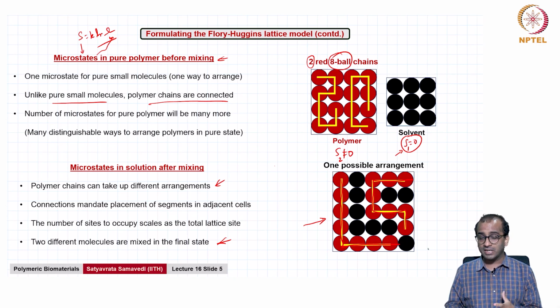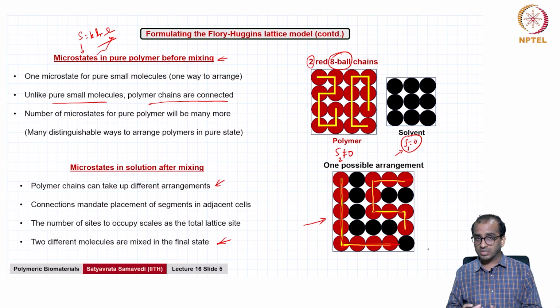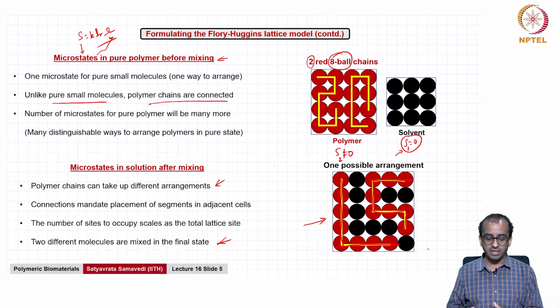Now, if you have many chains and many more solvent molecules, which is typically the case here, especially if you want to use the Stirling approximation that we saw earlier in lecture 15, ends have to be very large. So, when you have such large chains and a large number of solvent and polymer molecules, then your number of possibilities for combinations and arrangements significantly go up in the mixed state.